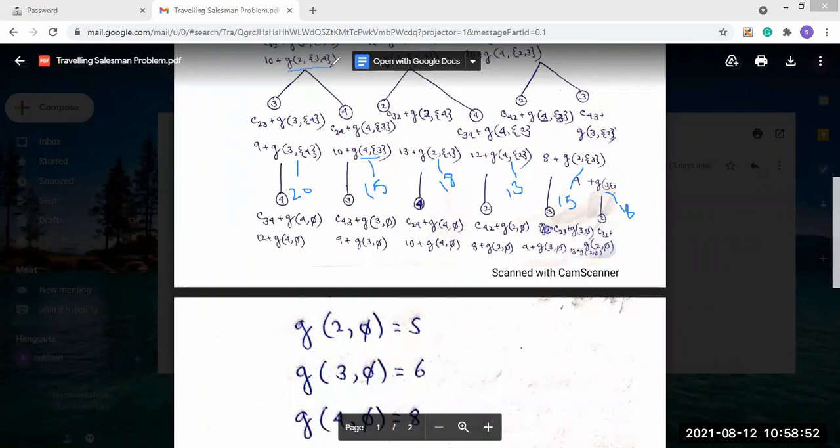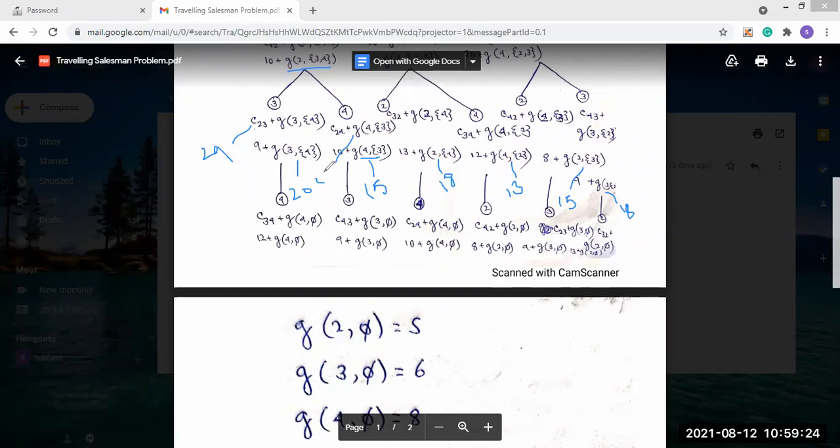Between these two values: this was calculated as 29 because 9 plus 20 becomes 29, and this becomes 10 plus 15, that is 25.